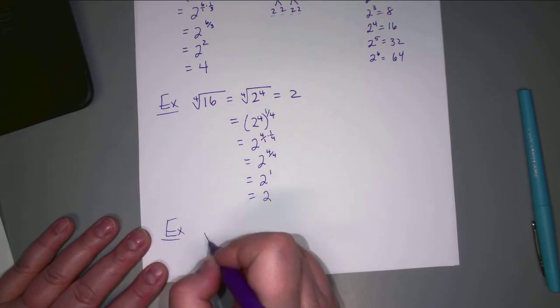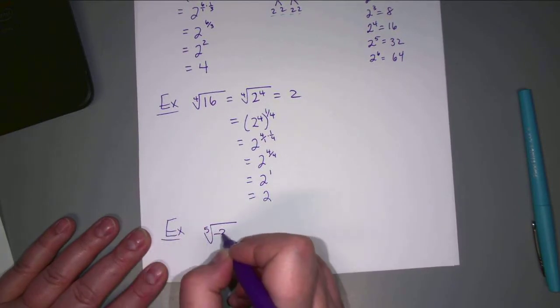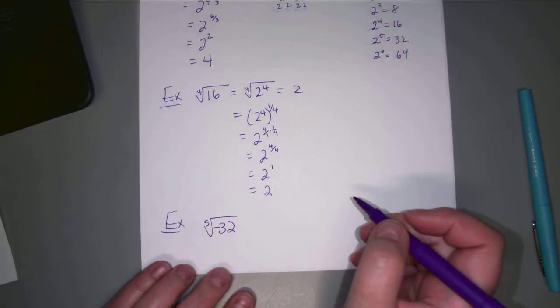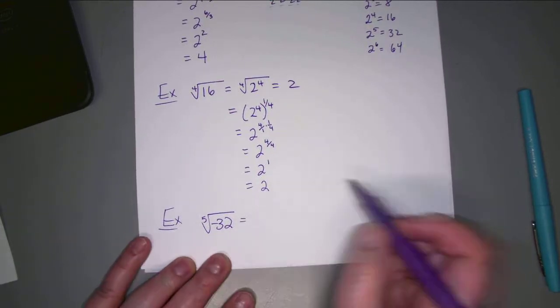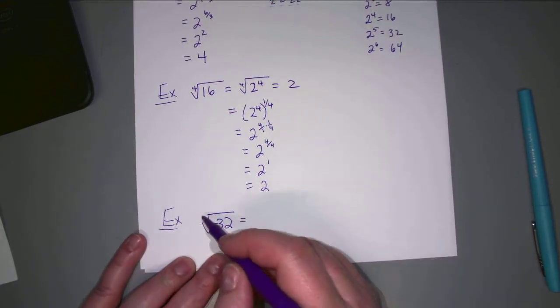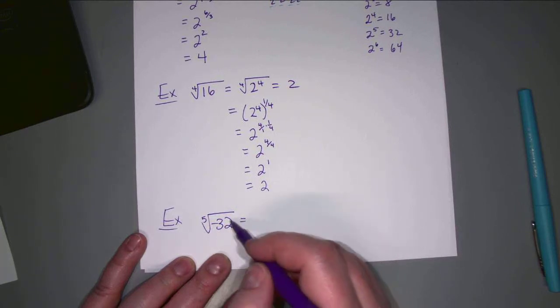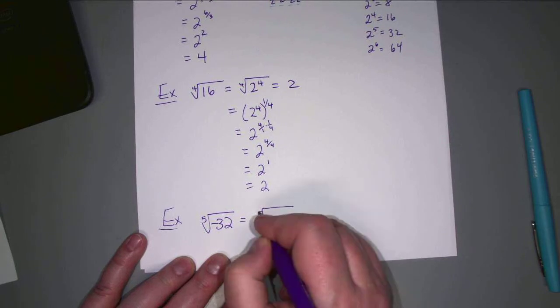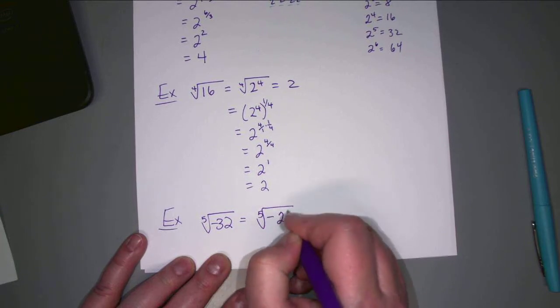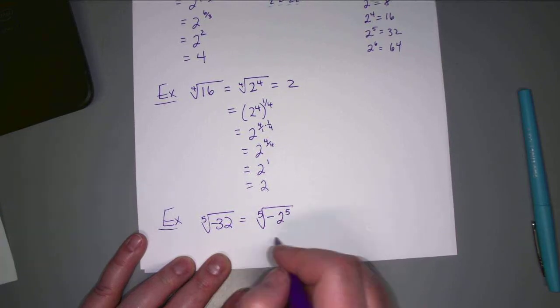Okay, a third example, the 5th root of negative 32. So a negative can be under an odd root, because you can have negative signs. Now 32 is 2 to the 5th. So be careful with this.